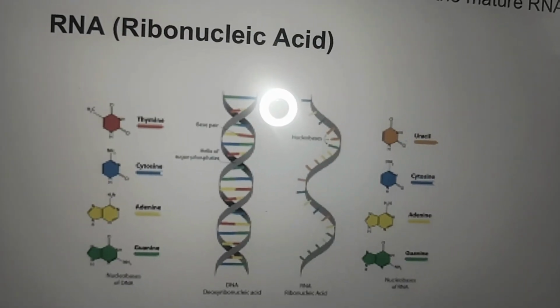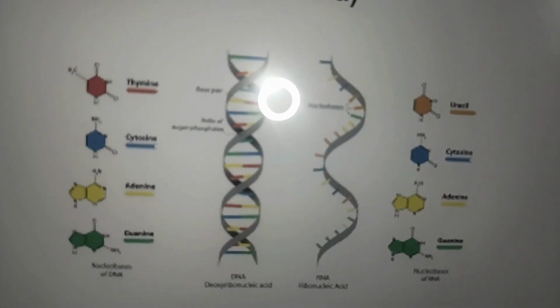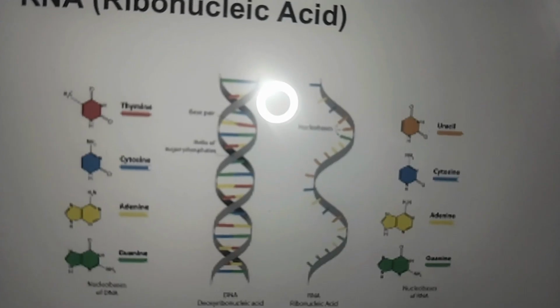Structure of RNA: ribonucleotides, that is uracil, cytosine, adenine, guanine. RNA is a single-stranded nucleic acid found in all living cells. It acts as a messenger, carrying instructions from DNA to help control the process of protein synthesis. There are three main types of RNA.